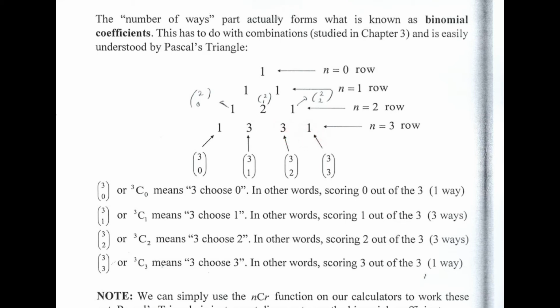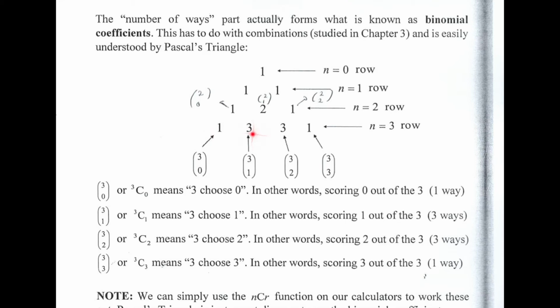Okay, so hopefully you remember your permutations and combinations from last year. Let's look at the 3rd row again, because that's what we've been working with. And I hope you remember this notation here, that we say 3 choose 0. In other words, scoring 0 out of the 3. So that is one way. This is when she basically missed all 3 shots.